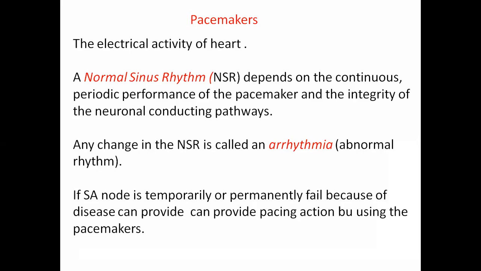From there, the generated electrical impulses are transmitted to the atria of the heart, both the right atrium and left atrium, and from there the impulses reach the atrioventricular node, the AV node. After a certain period of time, the excitation impulses are sent to the ventricles, right ventricle and left ventricle in the heart.